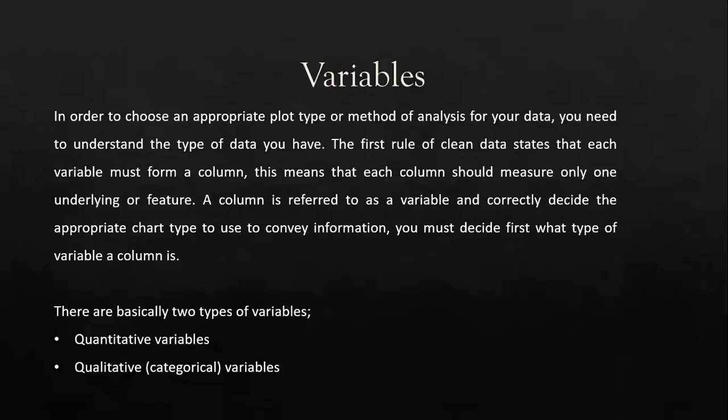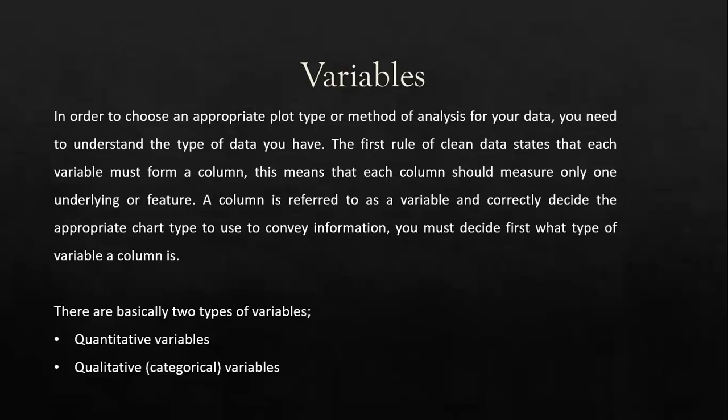So this is a quantitative variable, this column here, because you can get the total age of students here. You can get the average age of students. You can get the count, the maximum age and the minimum age here. You can add this age plus this age and it gives you an age.